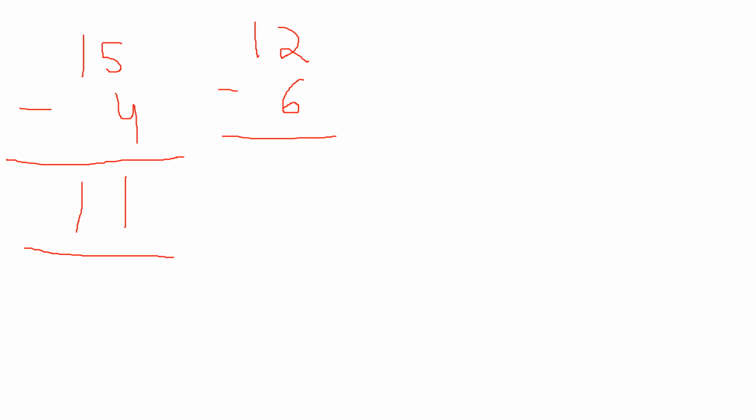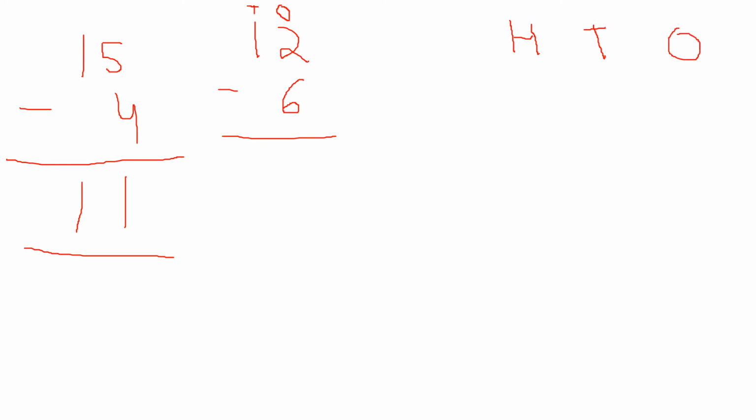So first I will have to teach you the places. So this is the ones place and this is the tens place. There are many places, but you will learn that in higher grades. For now, let's just stick to hundreds place, tens place and ones place.